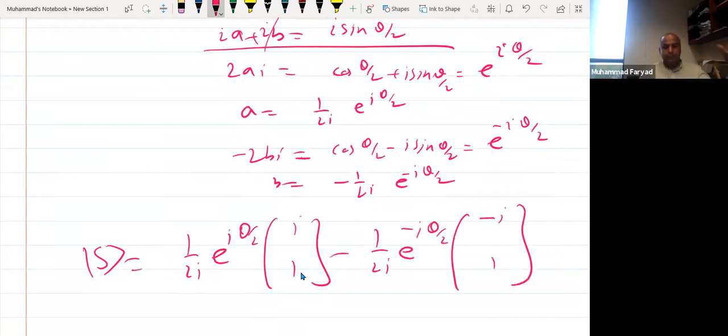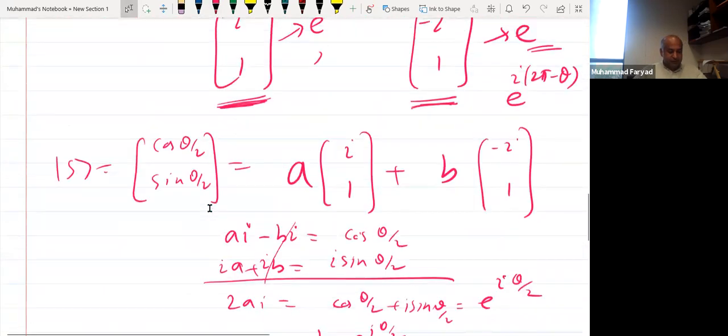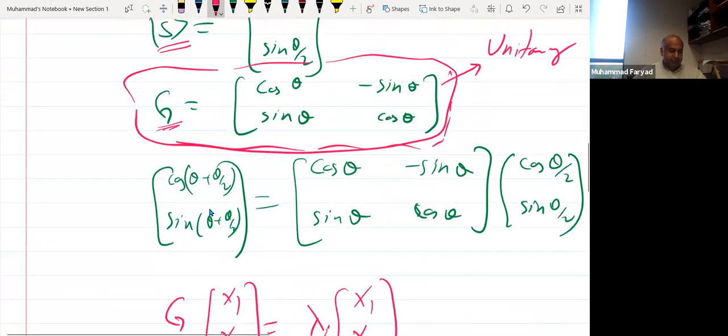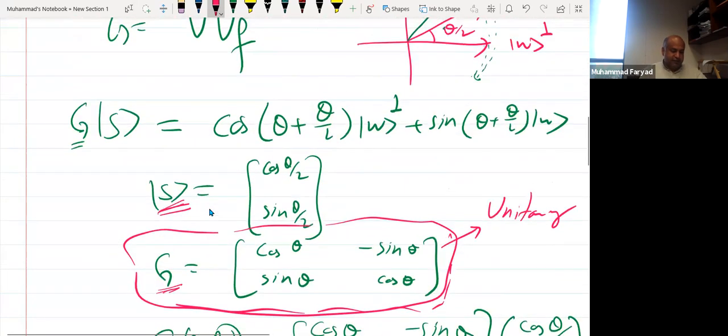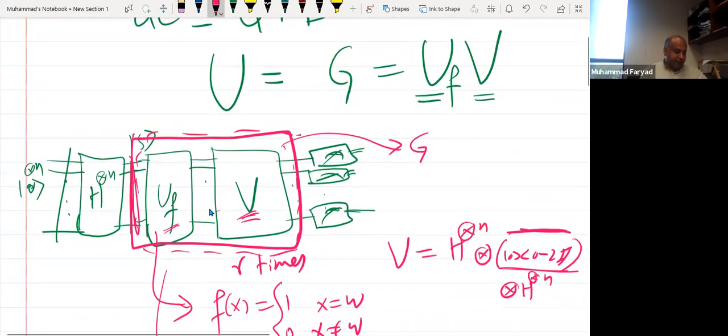minus 1. So this is good because I can easily prepare this S state. I don't have to prepare my state in either this or that eigenvector. All I have to do is directly prepare my state in S by simply applying a Hadamard, because if I start from 0 and apply Hadamard, I get this S state.